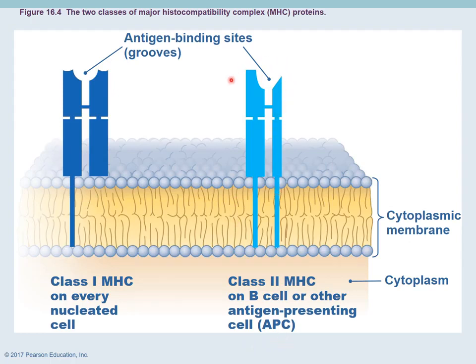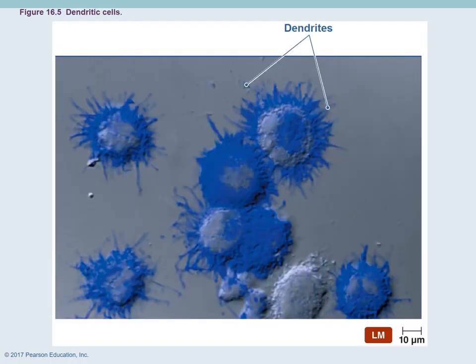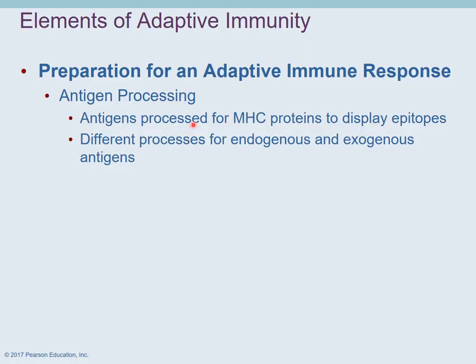So these are extending out on the outside of the cell, so all other cells can see it. What's going to happen on these sites on the end, that is where the foreign substance or the antigen can bind. This is an example just of what some dendritic cells look like.